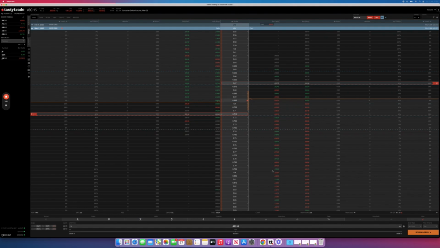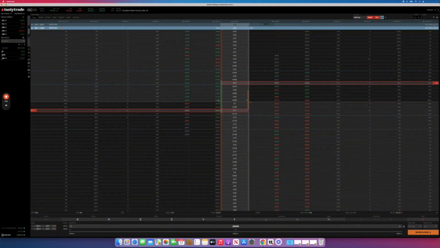Now, what you can do is be a little bit more aggressive, and go to, say, the 20 delta. So we go to the 21 delta on the call side, and we go to the 19 delta on the put side, simply because that's the strike that's closest on either side to a 20 delta.